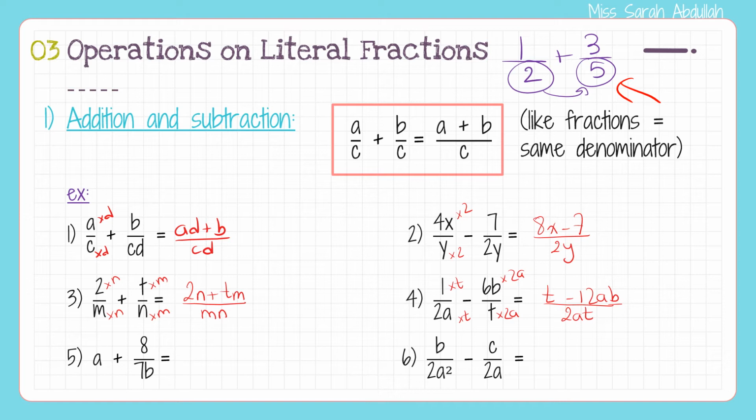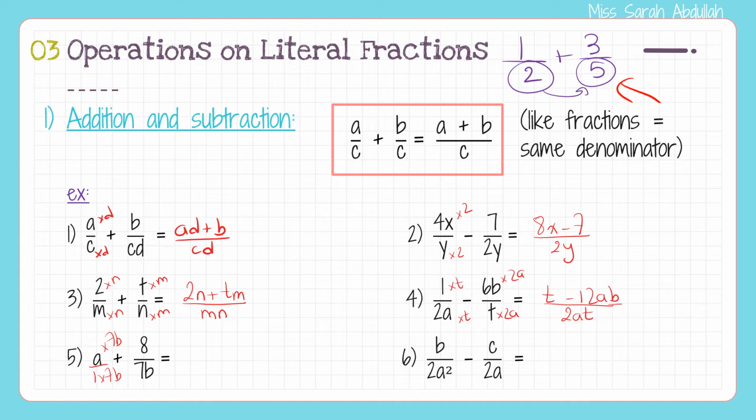Number 5, when you have a number and it doesn't look like a fraction, this means a over what? It's a over 1. Great, so we can multiply it because it's 1. We'll multiply it by 7b in the numerator and in the denominator. And the second one, there's no need to change anything about it.